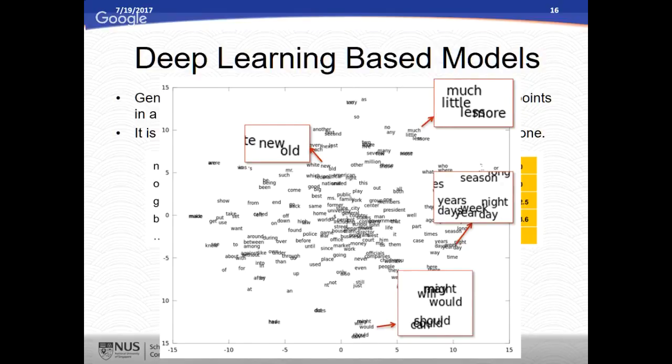So if you train an embedding, it might look like this. For example, you can see the words like new and old are coming together because they are used to describe the situation of some particular entity maybe. And also the words like much, little, less, more are coming together in this vector space, which means that this probably quantifies some entity.